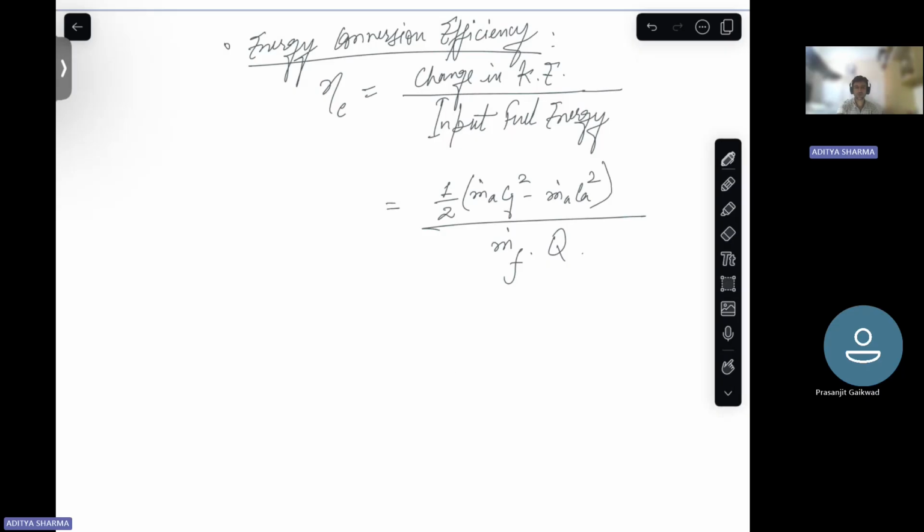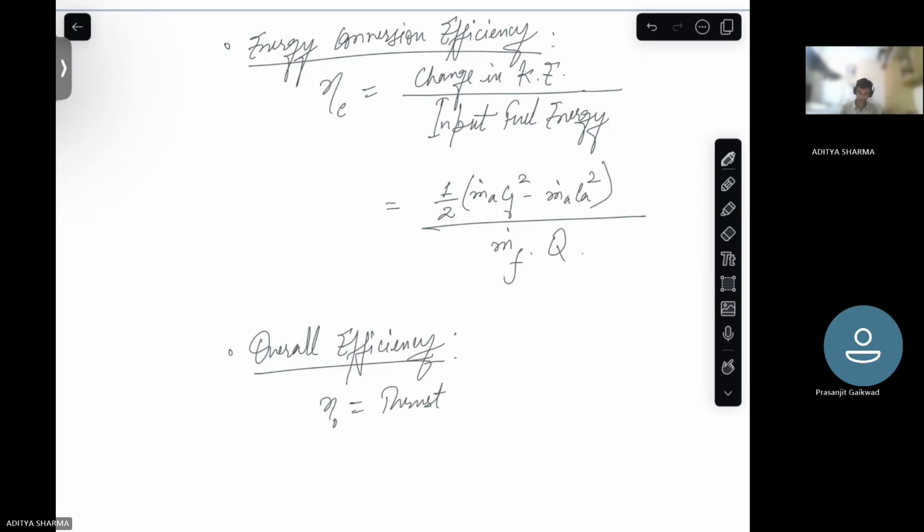Then is your overall efficiency, which is thrust power by input fuel energy.